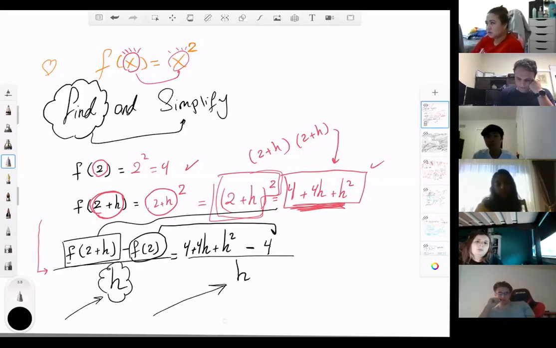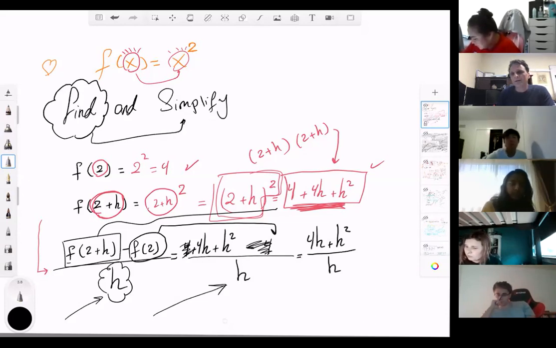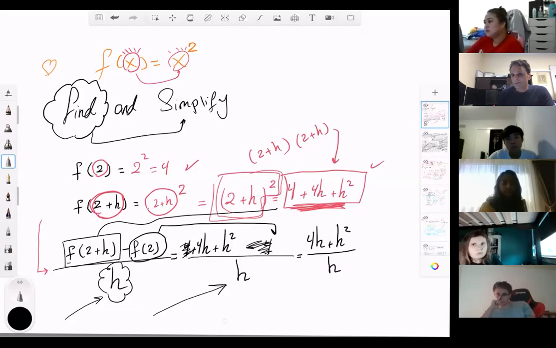So if you simplify the top, this 4 and the negative 4 will go away. We have 4h plus h squared over h. All right. Should we say we are done for this? No, correct? In your note sheet, you said that the h in the denominator should go away. So you need to simplify.